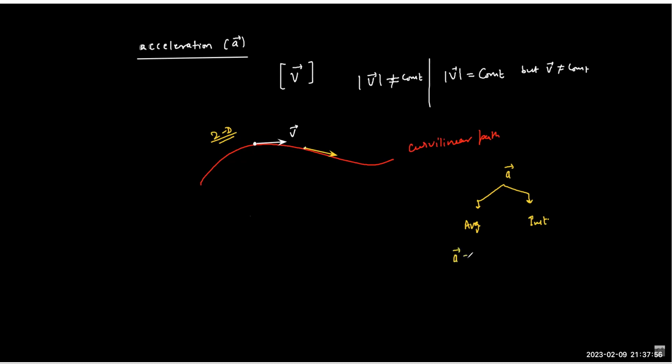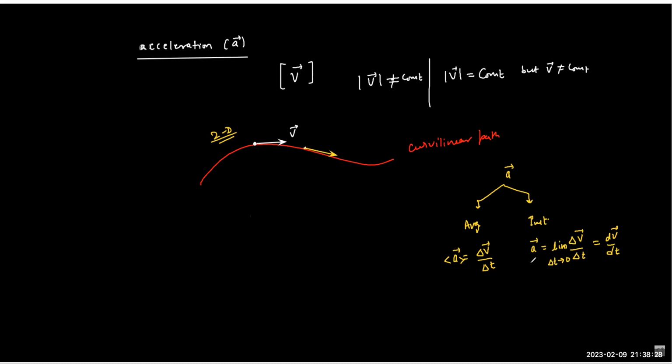So for a vector, the average is the change of velocity upon the interval. When we have the big interval, we call it average. But when we say instantaneous, it is the average acceleration when the limit of time tends to 0. And this we write by the definition dv by dt.